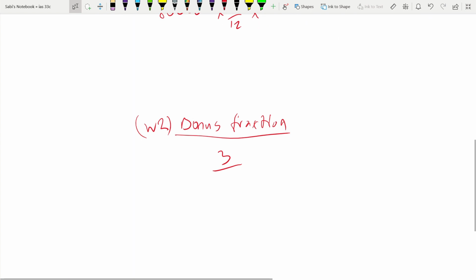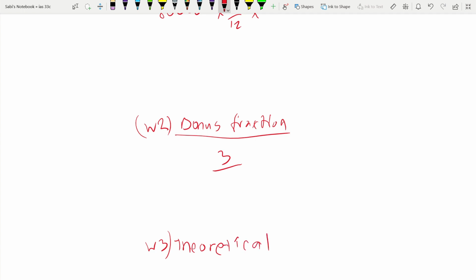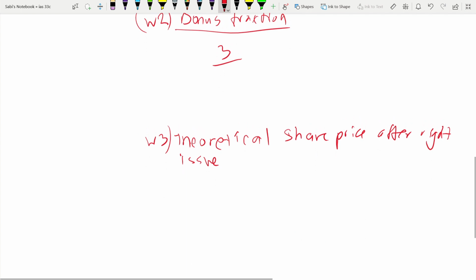We'll keep some space and we'll go to working 3. It is theoretical share price after the right issue. So this is how you find theoretical share price, okay? Understand this. You always need to remember this whenever you are given right issue.